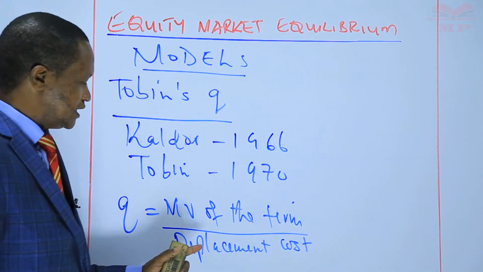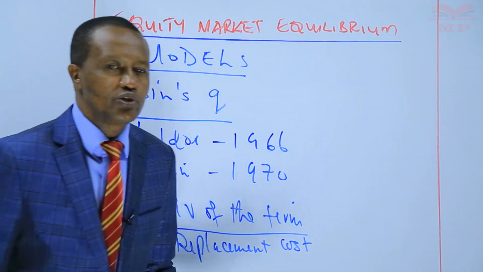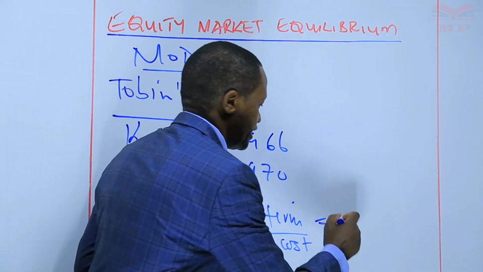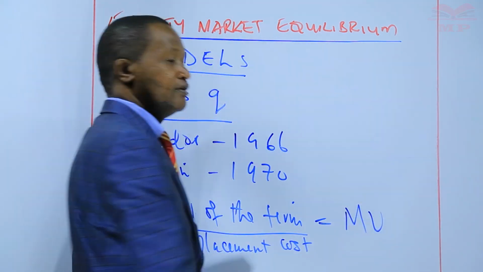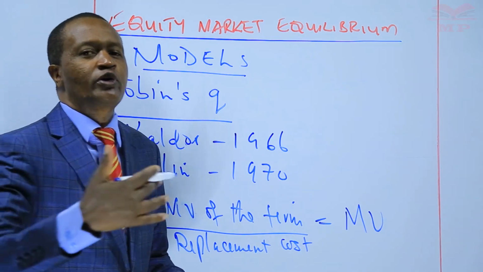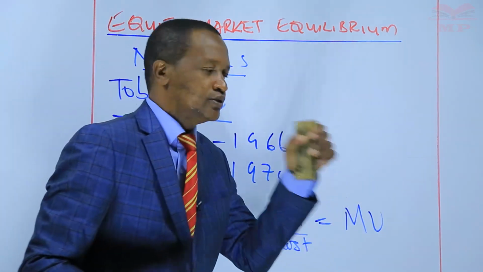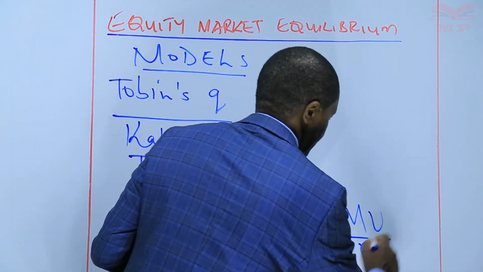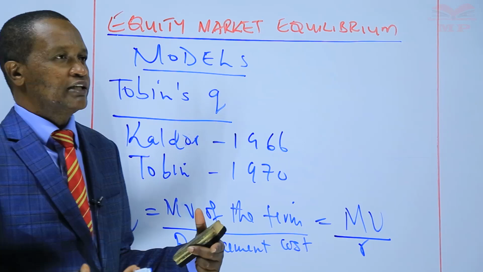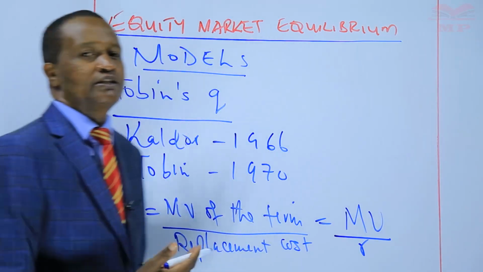So, in other words, candidates, the Tobin's Q model is just a ratio of the real market value of physical capital goods, denoted as MV, to the real reproduction or real replacement cost of those goods, denoted as R. That is equal to the ratio of the nominal value of physical assets.